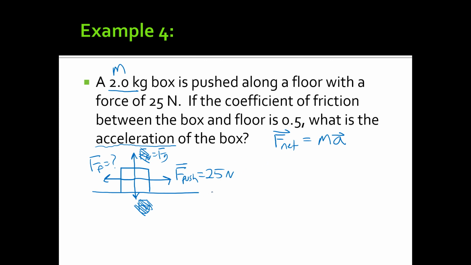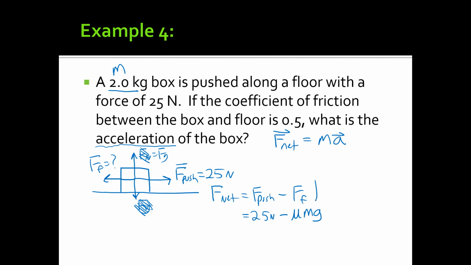So I can say the following: F net is going to be a pushing force minus a force of friction. The pushing force is easy, that's just 25 newtons. I'm going to skip a couple of steps here and show that the force of friction is mu times mg. Refer back to the previous example if you're not quite sure.